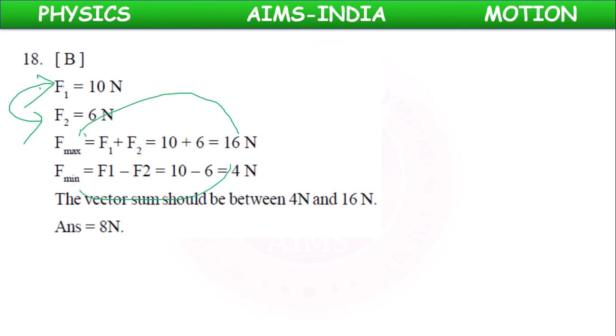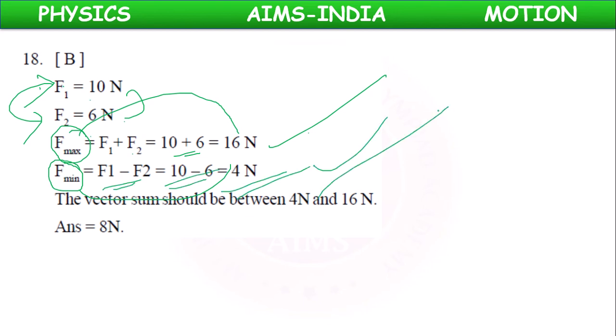The maximum value of the resultant is equal to their sum, 10 plus 6, which is 16 newtons, and the minimum value is the difference of the vectors, F1 minus F2, which is 10 minus 6, equal to 4 newtons.